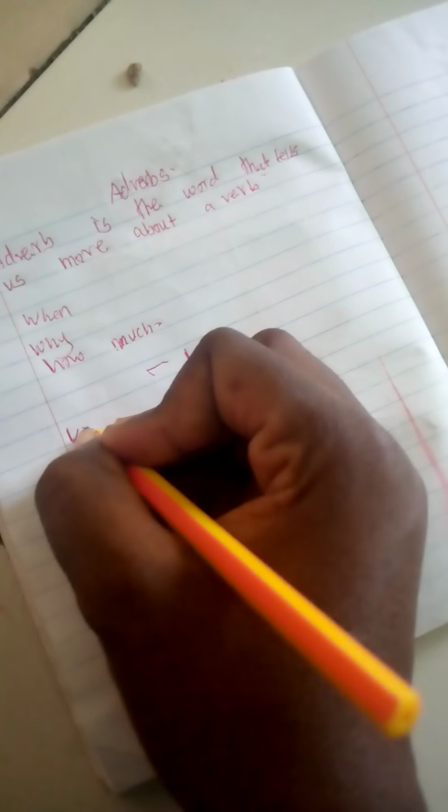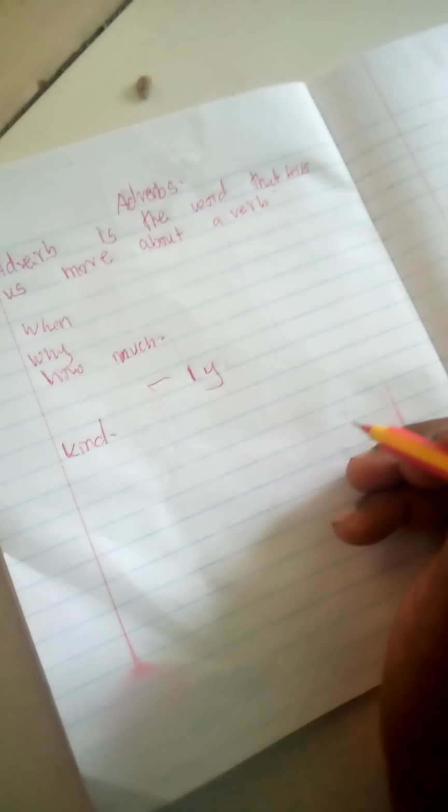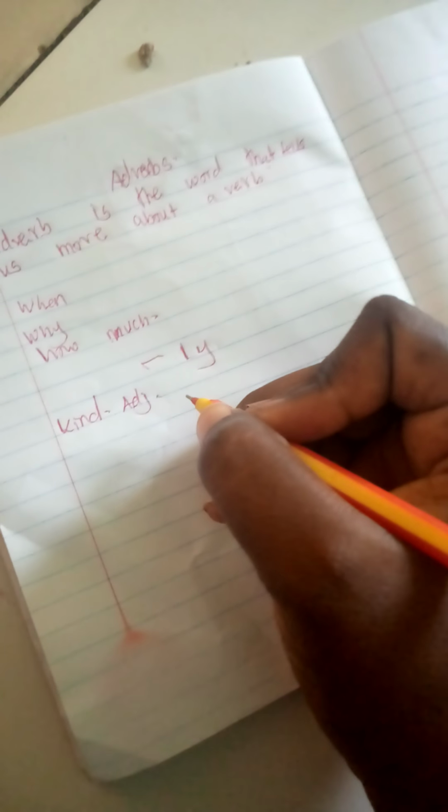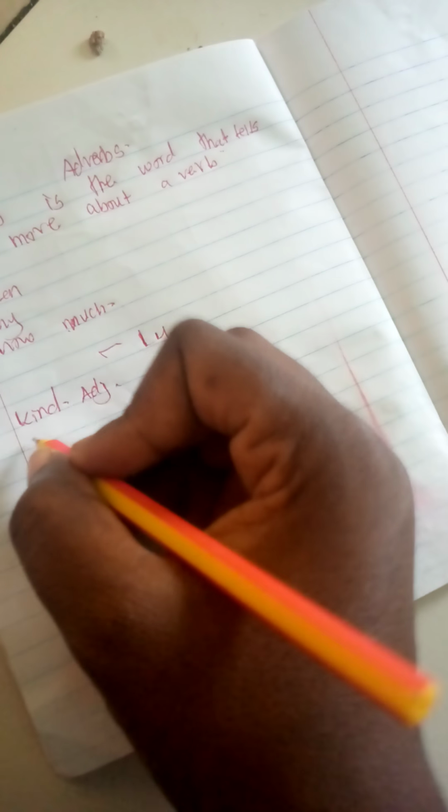For example, we can have a word like kind. So this is an adjective. If you want to form an adverb from the adjective kind, you simply add ly to form what? Kindly. Let's use it in an example.